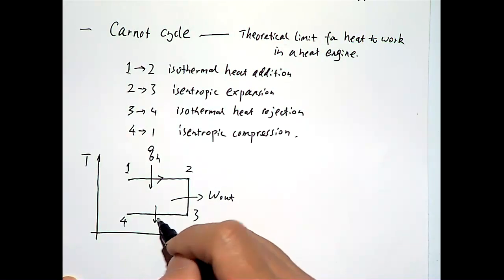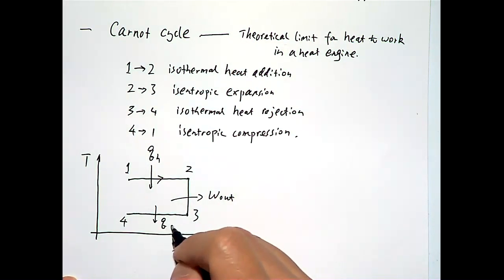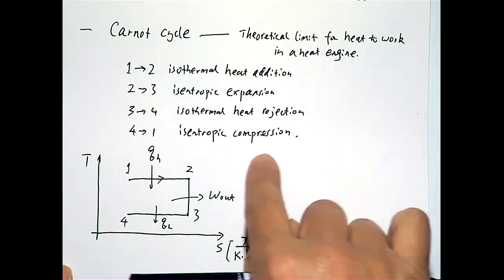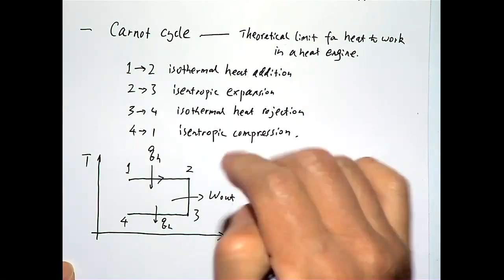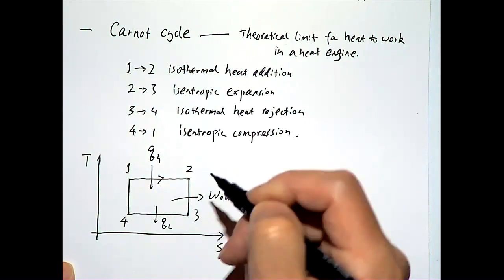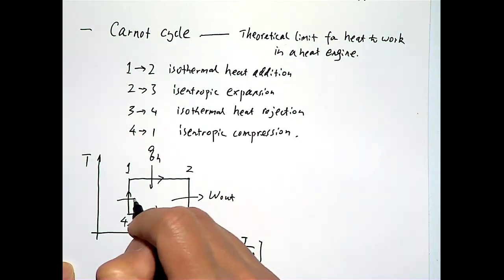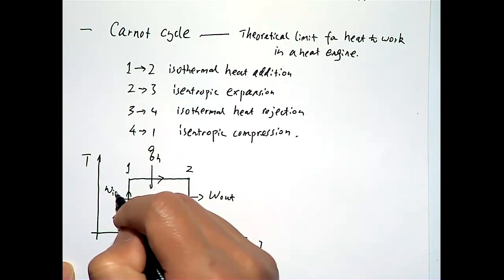And this process is heat rejection. So it dumps some heat, unused heat, to the low temperature reservoir there. And the last step is isentropic compression. So another vertical line to return to state 1. And in this process, there is certain input work being done to the system.